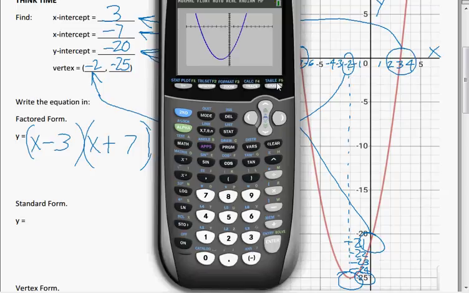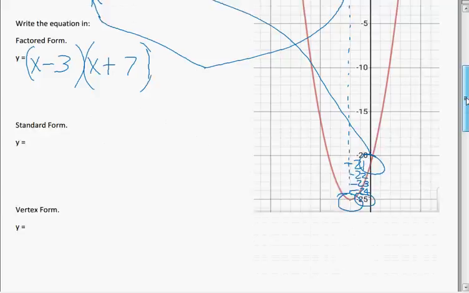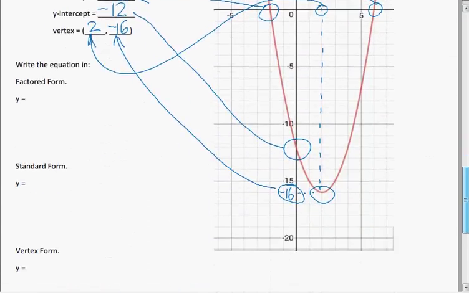And when I compare this graph to the graph in the problem, I see they look similar. All right. Take 4 minutes and see if you can write the factored form for your problem on the back of the paper.